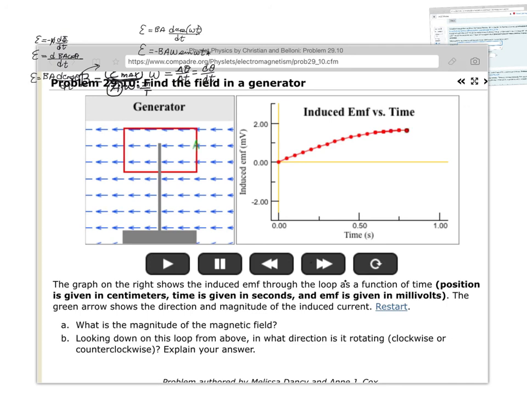So notice from the green arrow that the current is going around this loop clockwise, and if you use right hand rule number 3, you'll see that your thumb comes out of the page. So if you take this loop and you rotate it clockwise, looking at it from above, your thumb is going to start pointing in the direction of the field, which means that as the field increases, the induced current is going to add to it.